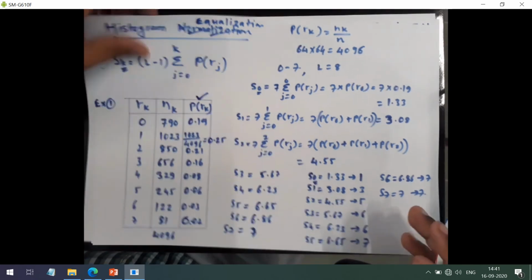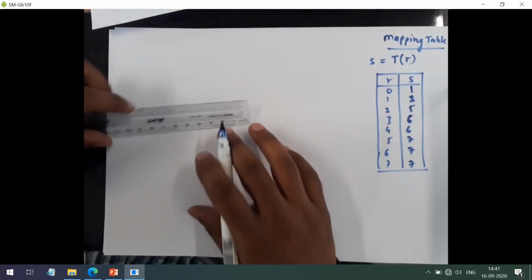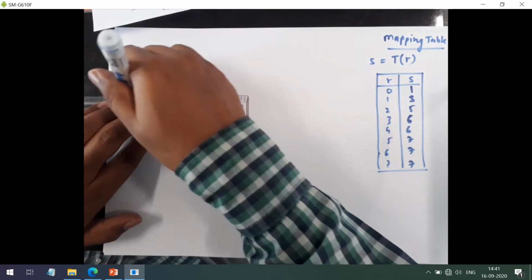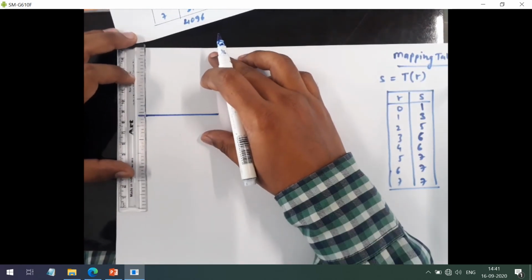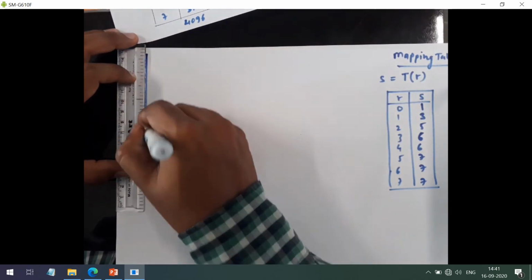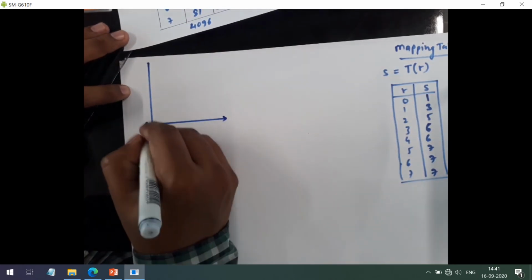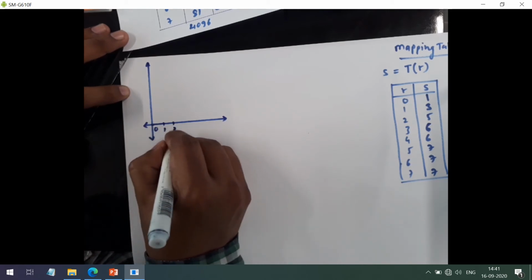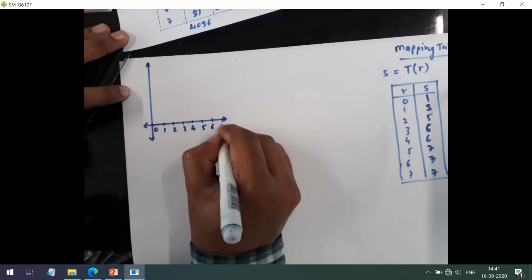Okay, and we know that in a histogram on the x-axis we have intensity values, so it will be 0, then 1, 2, 3, 4, 5, 6 and 7.